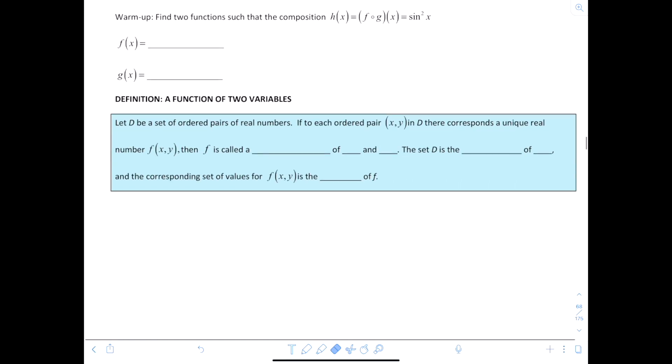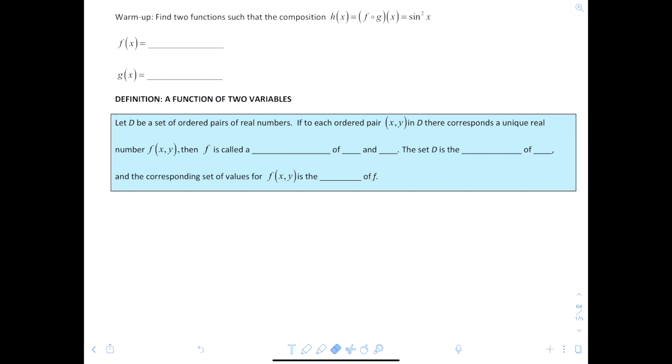So for the warm-up, let's find two functions such that the composition h at x is equal to f composed with g at x, and that's equal to sine at x, the quantity squared. So what's the most outside thing going on?